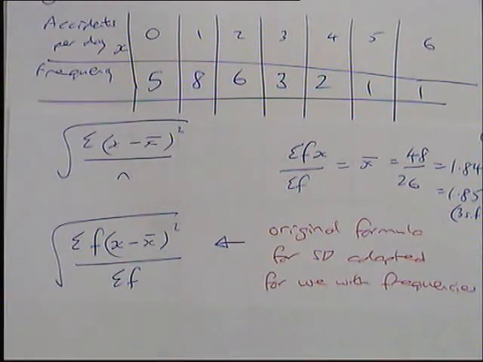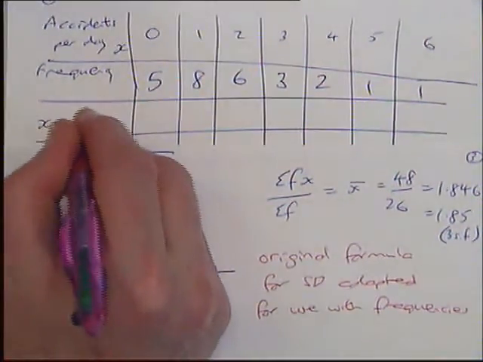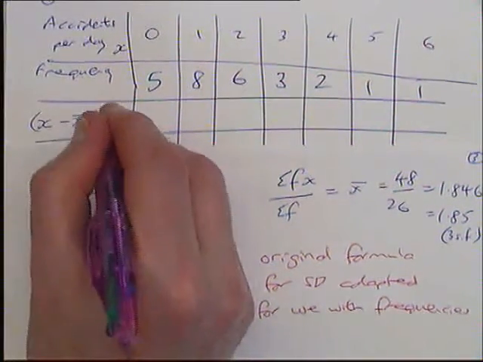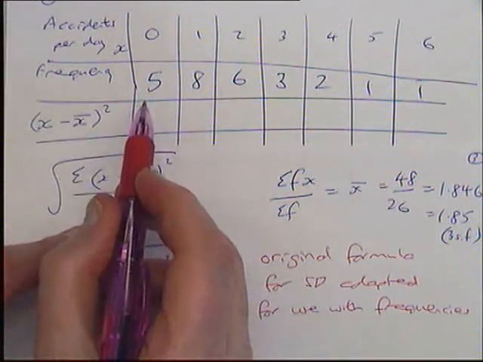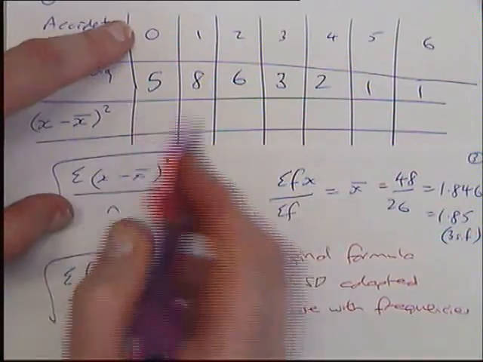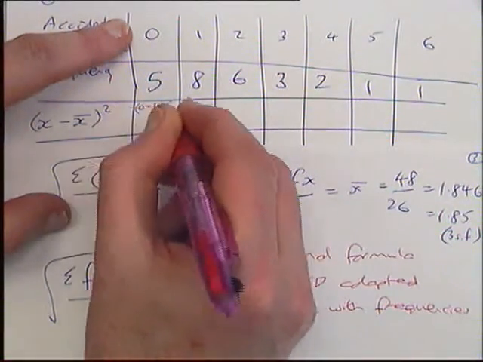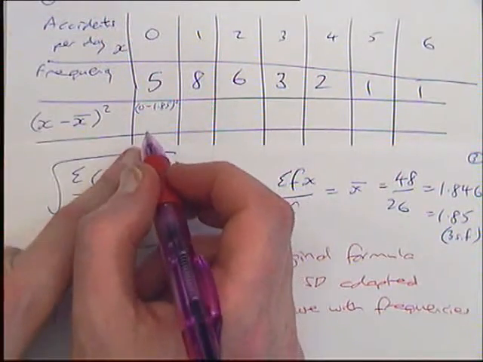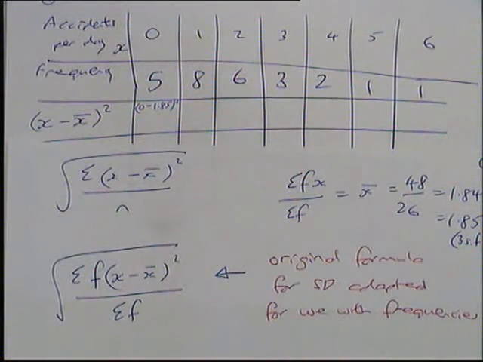So if we're using the old formula, the next row is going to be x minus x bar, and I reckon we can get away with squaring that at the same time. So here you will need to do 0, take away 1.85 and square it. You need a calculator, okay? It's a maths lesson.